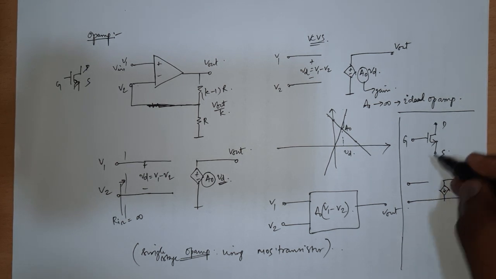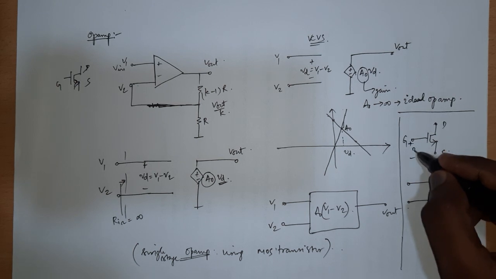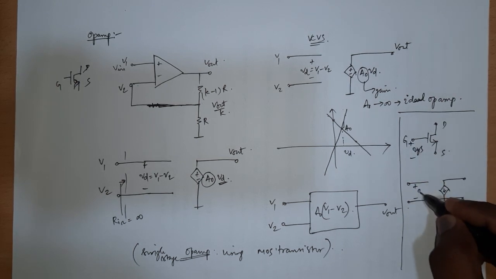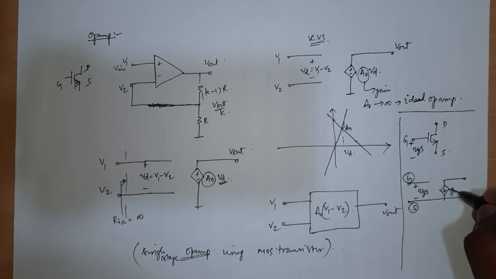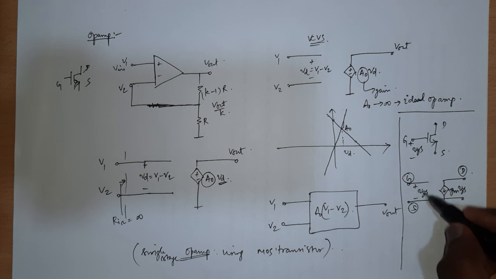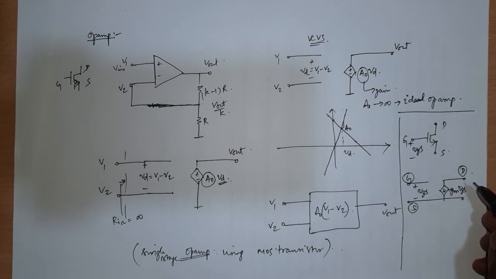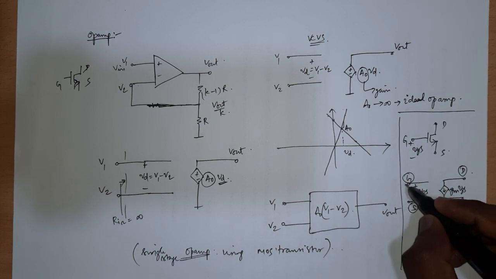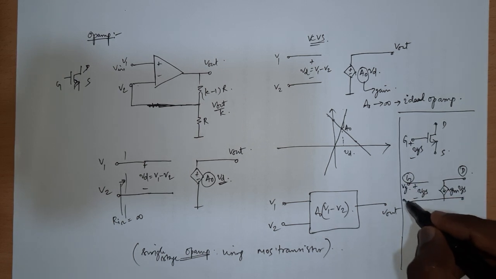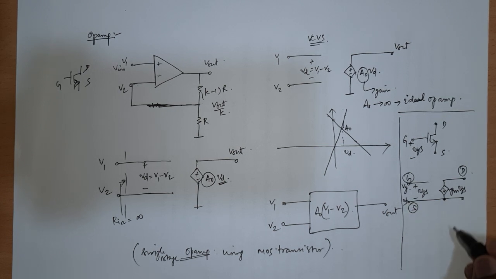So let me just illustrate it. This is my VGS in the small signal picture. Similarly, here I have the source and gm VGS. We know this. Now if you see, the MOS transistor in itself will respond only to the difference between the inputs G and S. Say for example, this is my VG input, this is my VS input. Let's say my source is not at ground, I have not explicitly grounded the source, it has some potential.